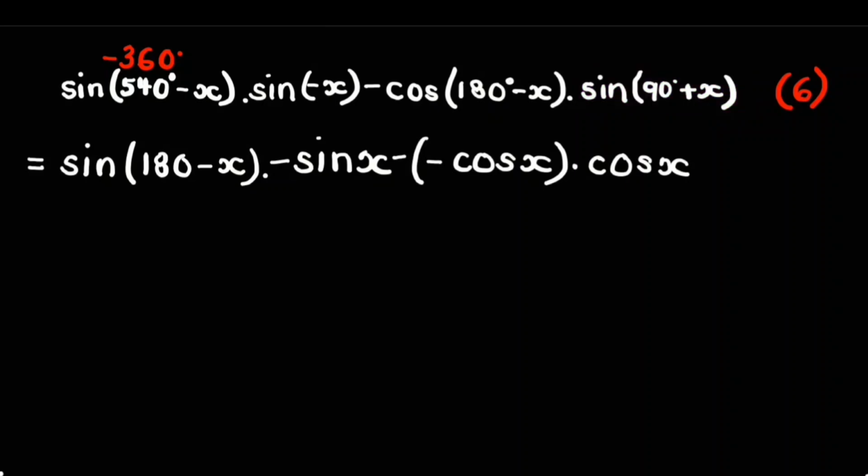Next, we're going to simplify what we have. So first focusing on sine of 180 minus x. 180 minus is in the second quadrant where sine is positive. So that is equal to sine x. Now this negative sine x, we cannot do anything further with that. So we're just going to bring that down.